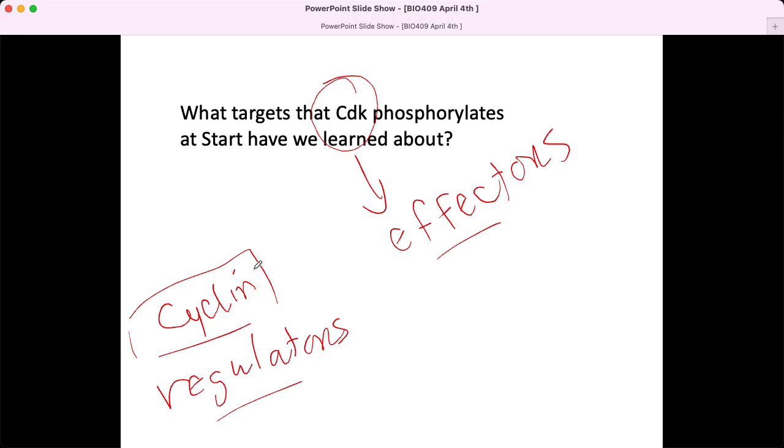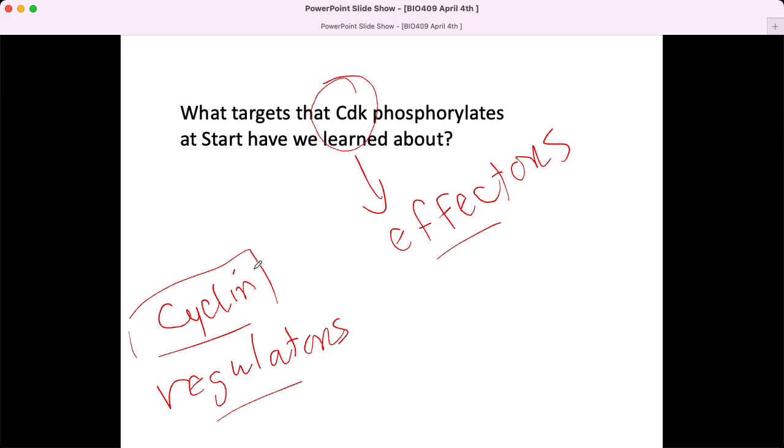And effectors mean they're not regulating, they're doing the job. Like back to the CAR T cell, when it releases molecules that kill, those are effector molecules. And it's regulating the synthesis and release of those. It makes the actual thing. And the CDKs are the thing, and they're kinases, so they phosphorylate targets.